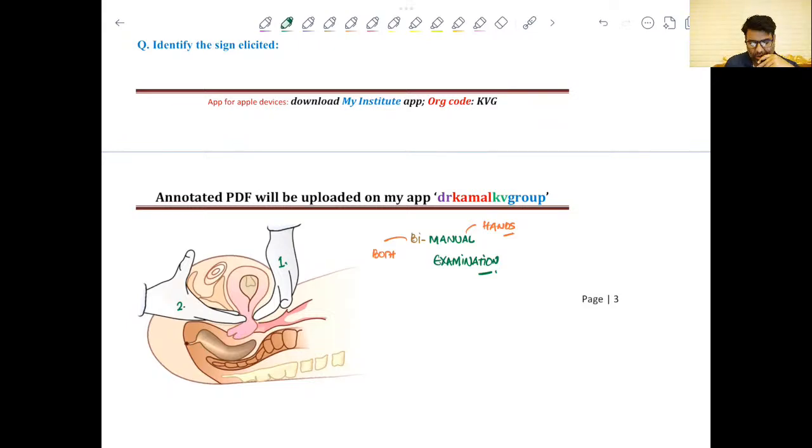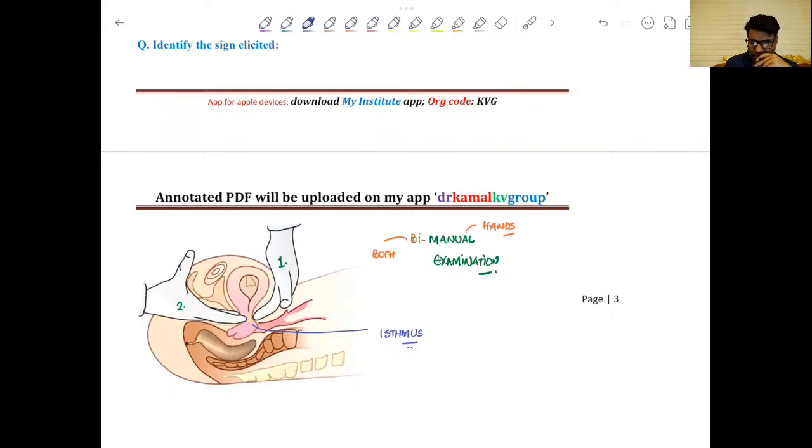So one hand is outside the body, another is inside the genital tract, and the doctor is compressing the isthmus of the uterus. This area is the isthmus, and this sign is known as Hegar sign.